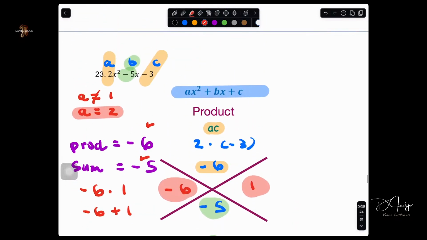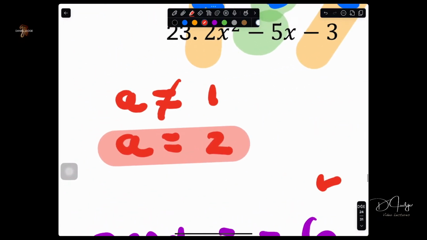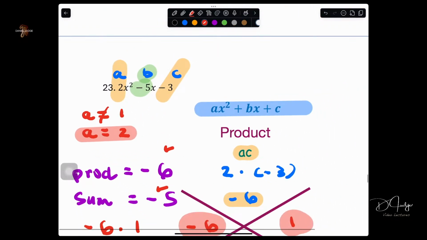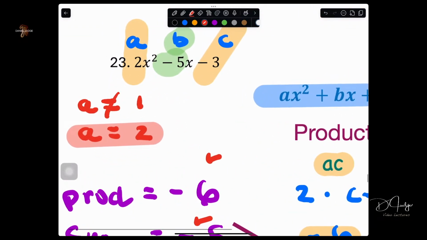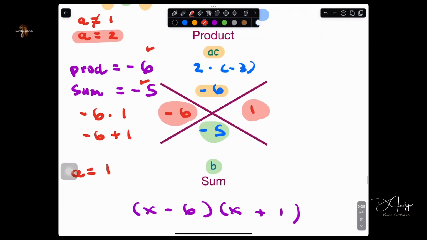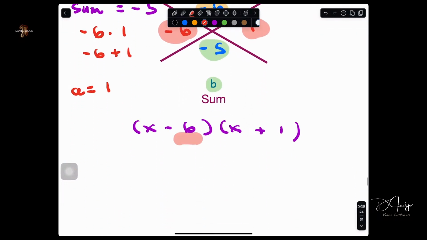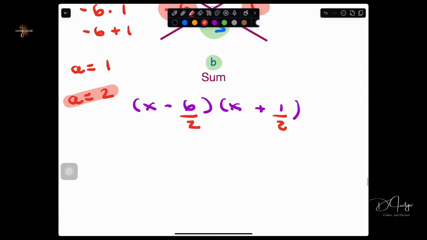The problem is A is not 1. A is the value 2. So this is where this process changes, okay? Because A is not 1. A is 2. Go to the numbers you found, divide them both by 2, the a value. Since a is 2, you divide both of the numbers by the a value, and in this case, it's 2.